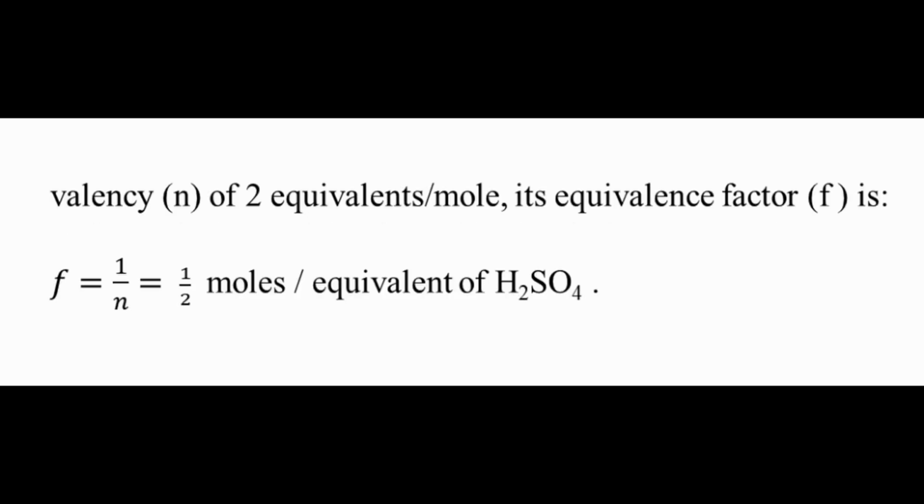Since we know that sulfuric acid has 2 H plus protons available for dissociation from its conjugate base, SO4 negative 2, it has a valency of 2 equivalents per mole. Its equivalence factor F is 1 over the valency, equals 1/2 moles per equivalent of H2SO4.